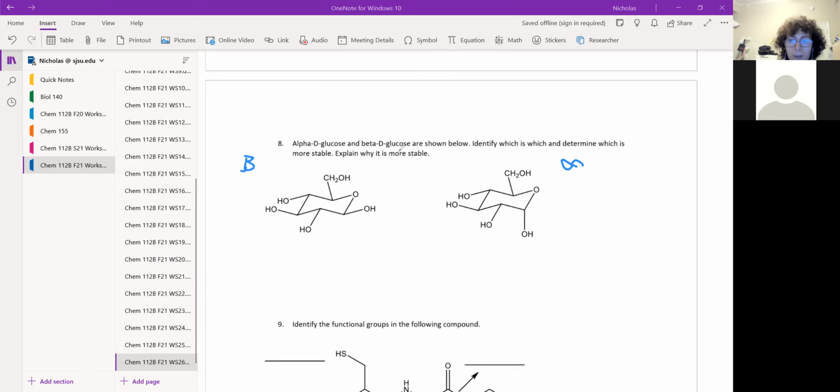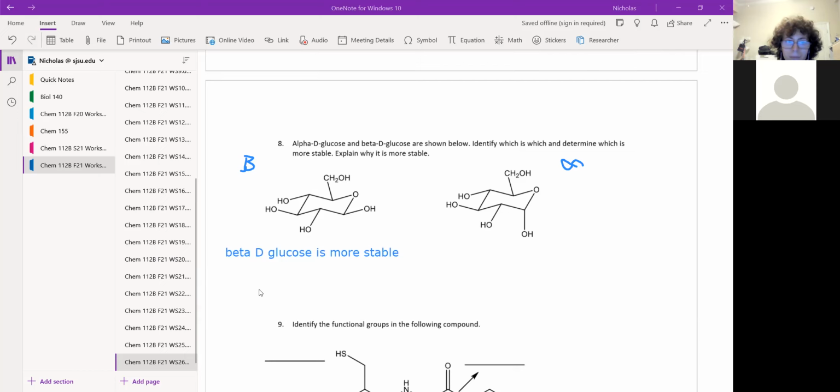So that's the first part, which one is which, and which one is more stable, beta or alpha? Left beta is more stable, yeah. And why is it more stable?